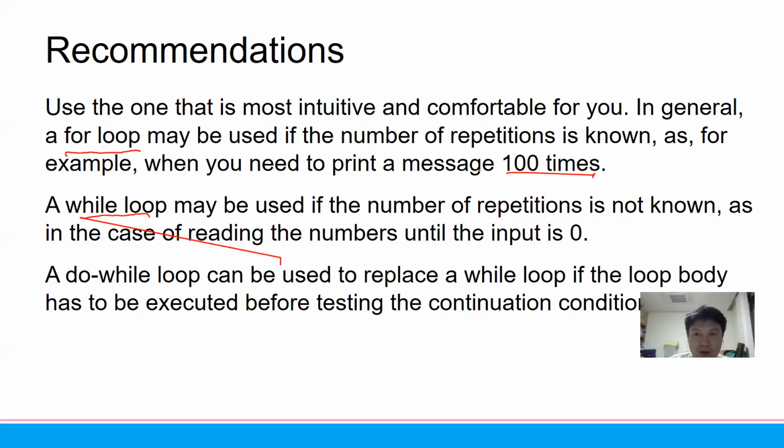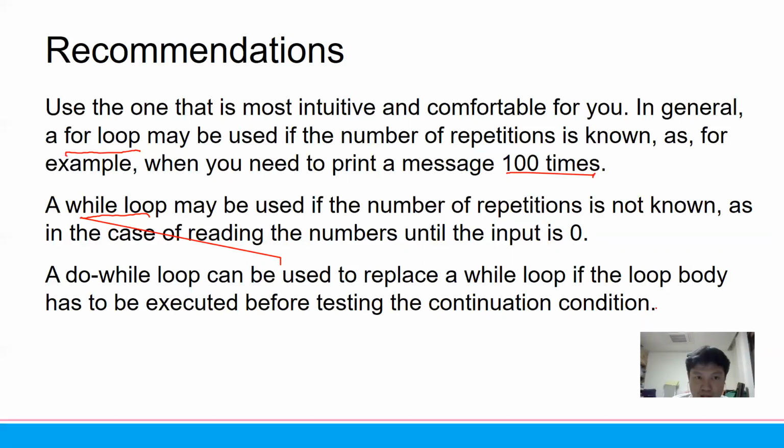Now the do while, the loop body should be executed first before testing the continuation condition. Then you need to check, for example, someone who buys in an online store. Once they click cart, then it will enter, for example, the database. So if you already entered into the database, then you will check, are you going to pay now?